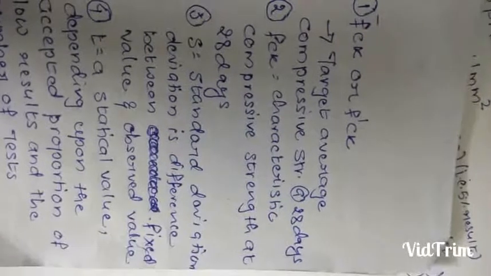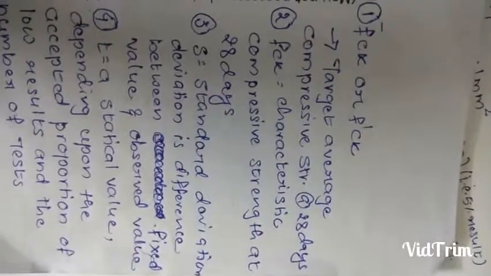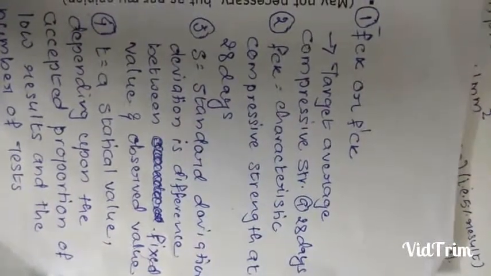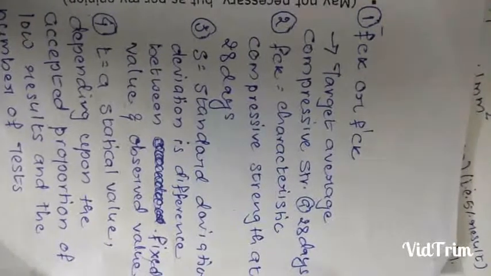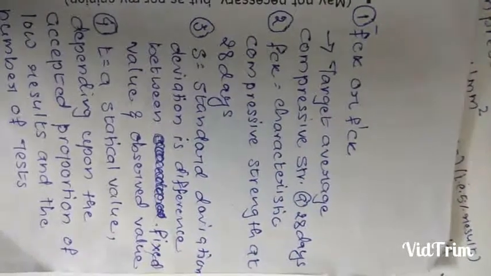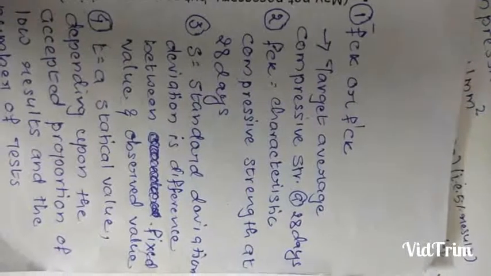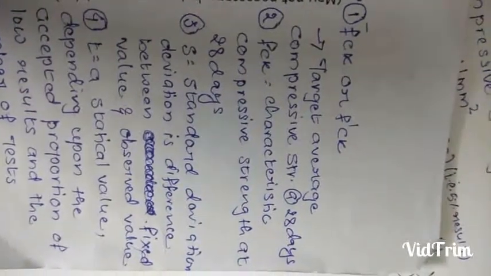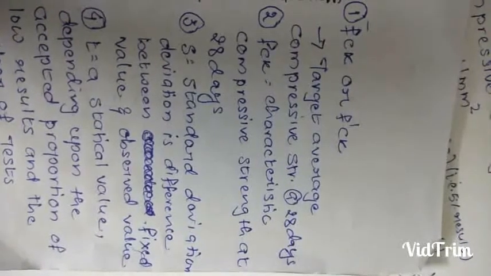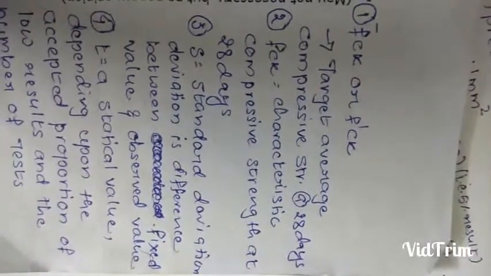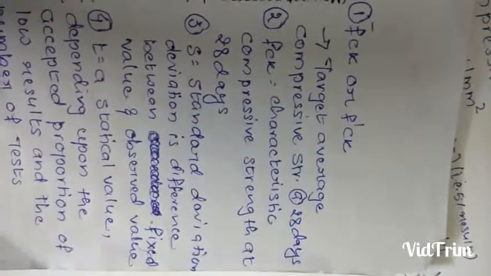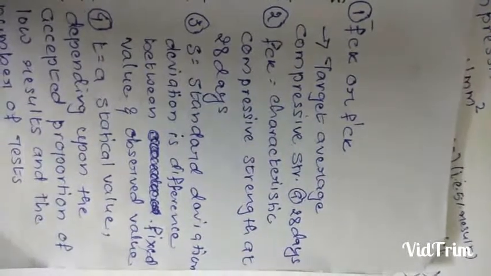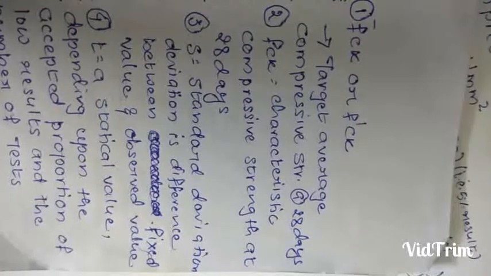Now we first learn some important terms. What is target average compressive strength? That is F bar CK or F dash CK, the target average compressive strength at 28 days, and FCK is the characteristic compressive strength at 28 days.